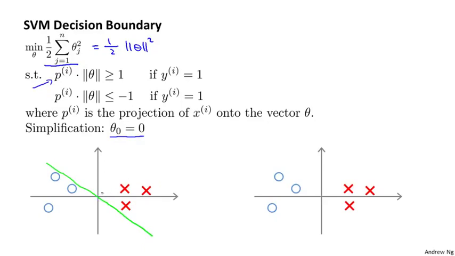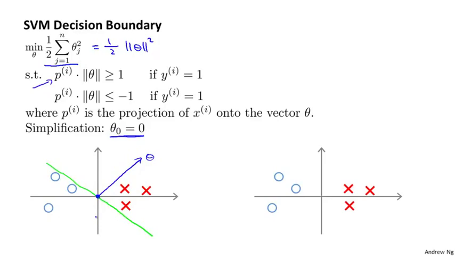For this choice of parameters, it's possible to show that the parameter vector theta is actually at 90 degrees to the decision boundary. So that green decision boundary corresponds to a parameter vector theta that points in that direction. And by the way, the simplification that theta 0 equals 0 just means that the decision boundary has to pass through the origin 0, 0 over there.